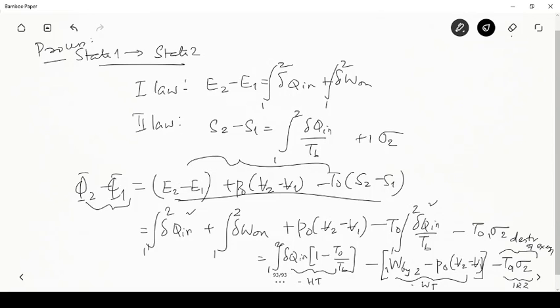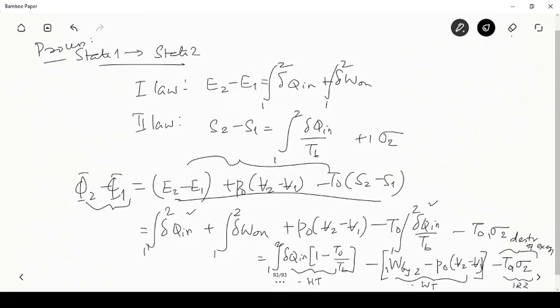If I consider a system which is colder than the surroundings, so the boundary temperature is lower than the ambient temperature, then this quantity T naught by Tb is actually greater than 1, so 1 minus this would be negative because T naught is higher than Tb. So this delta Q in will actually contribute a negative quantity, so the exergy would decrease.